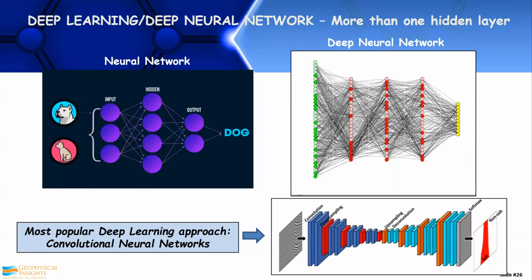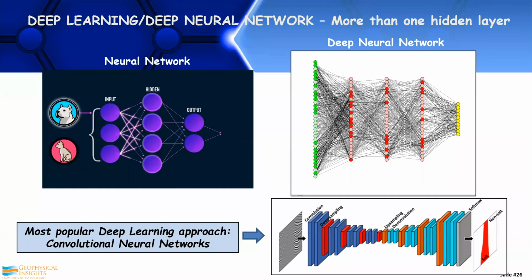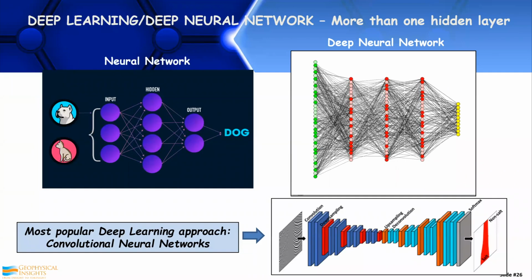And those CNNs were invented in the 1980s. The main breakthrough in applying them has been in the 2000s with the availability of GPUs. And a convolutional neural network is simply a neural network that uses convolution in place of general matrix multiplication in at least one layer.